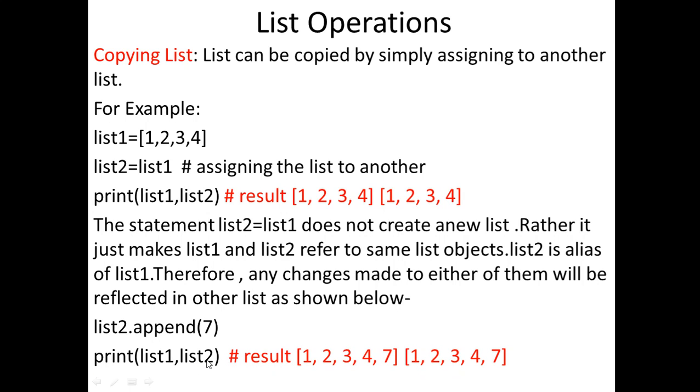Both lists have the same number of elements, because any change made to either of them, so I have changed list 2, will be reflected in the other list, that means list 1. So copying a list means the first list's items are assigned into the second list using the assignment operator. This is called the assignment operator.